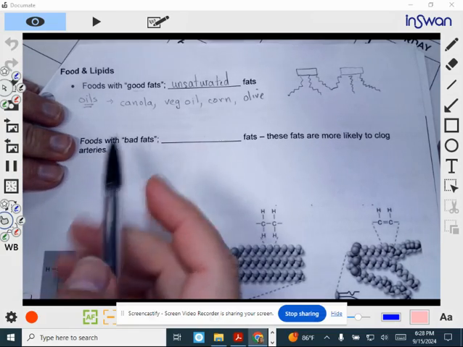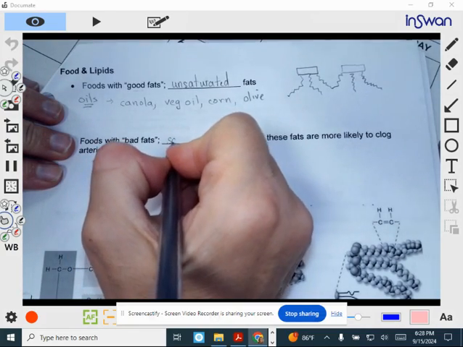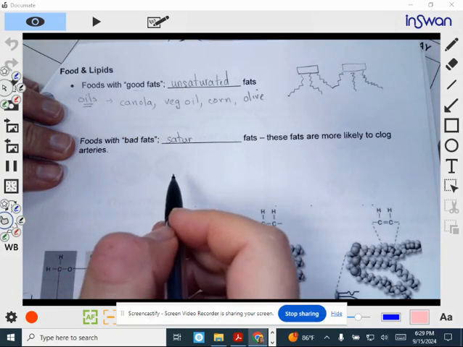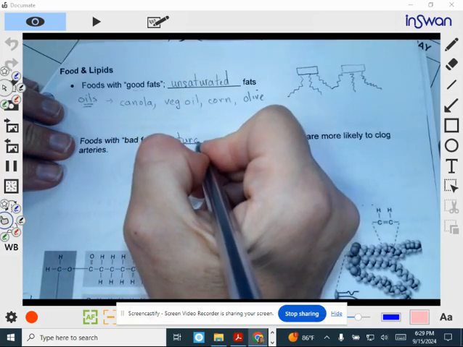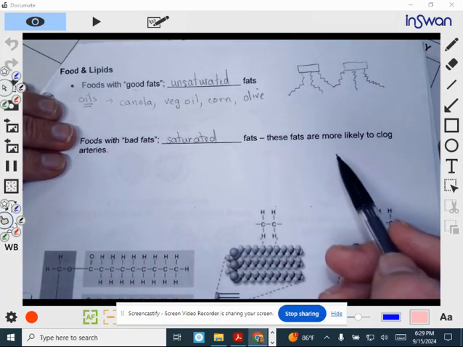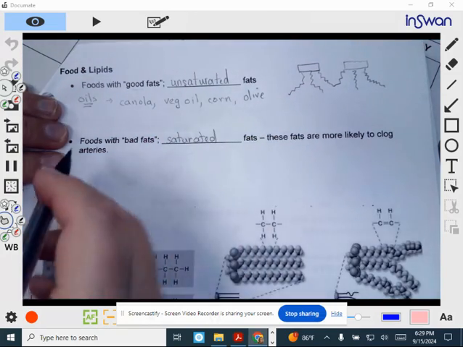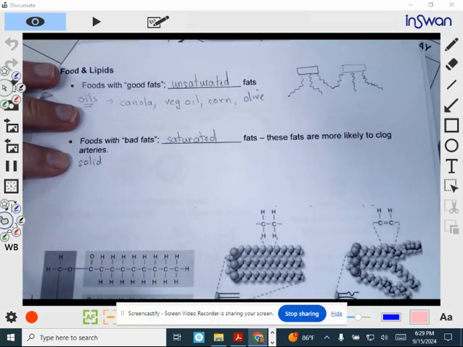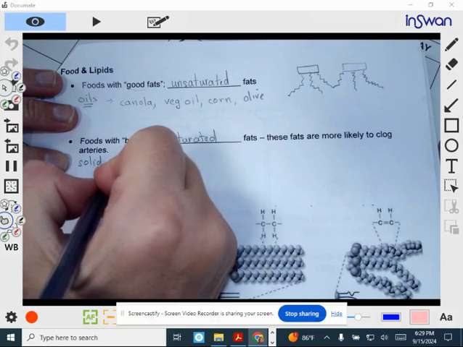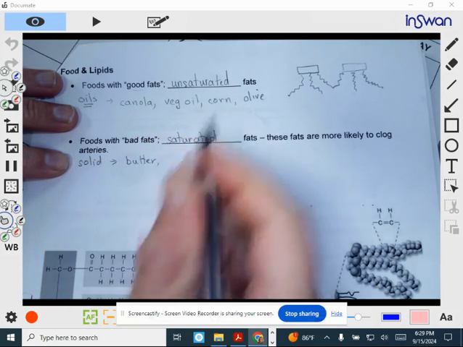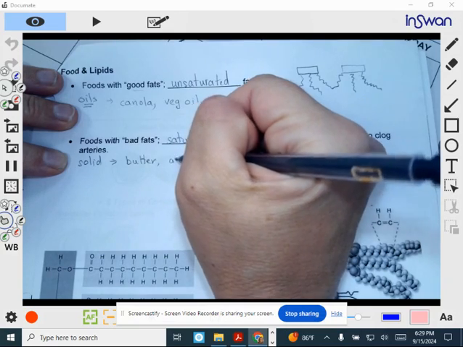Now, on the contrary, the bad fats are the saturated fats. And I like to remember saturated fats will lead to saturated arteries, clogged arteries. And we don't want that. These fats are going to be solid at room temperature. So let's think about fats that are solid. So we have butter, and then your other animal fats.